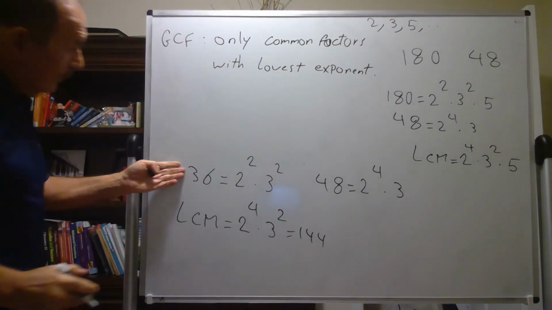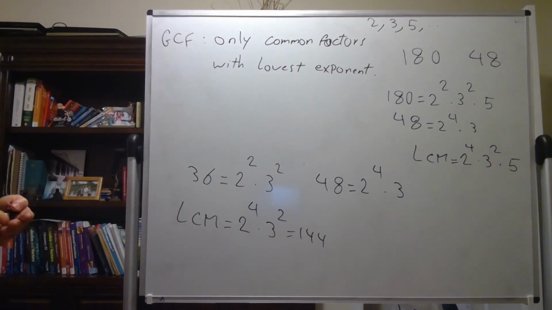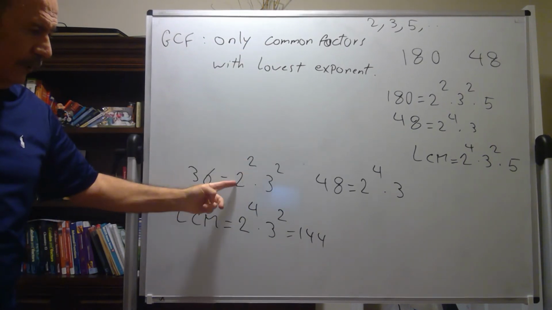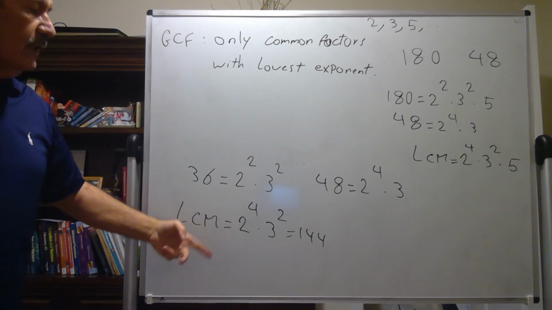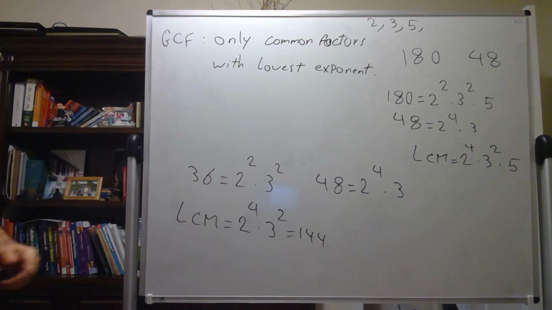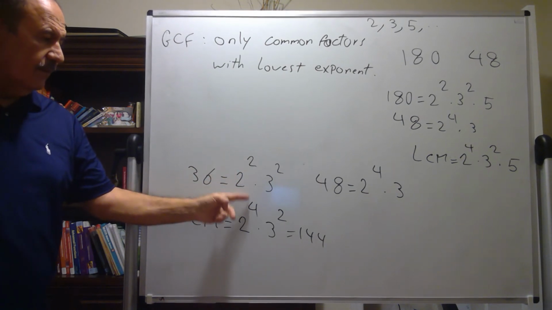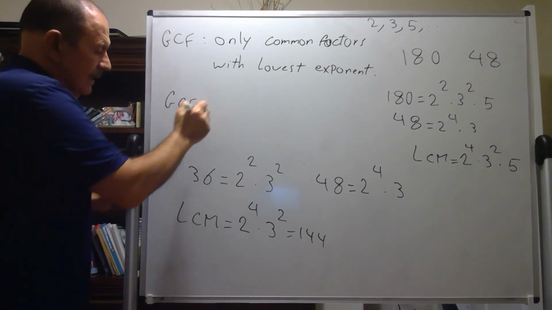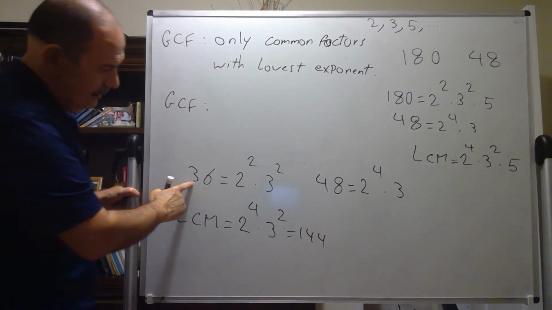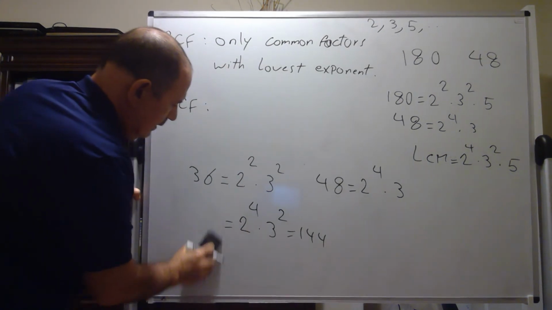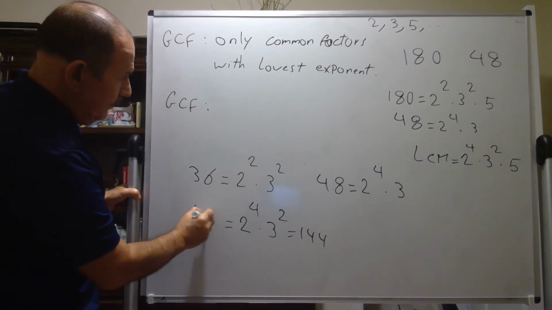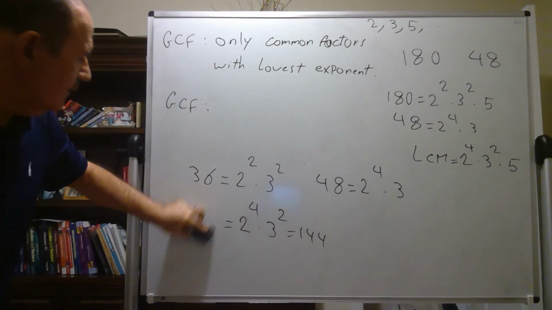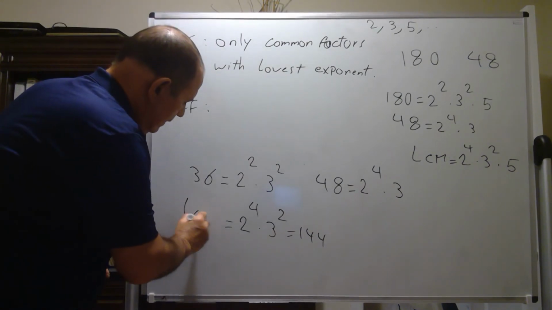Okay, for these two numbers, it says only common factors. Can you see we have 2 and 2 is common factor, but with the lowest exponent we choose 2 to the power of 2, because between 2 and 4 the exponent of 2 is the smaller one. So GCF of 36 and 48. 48 is here, it was LCM.